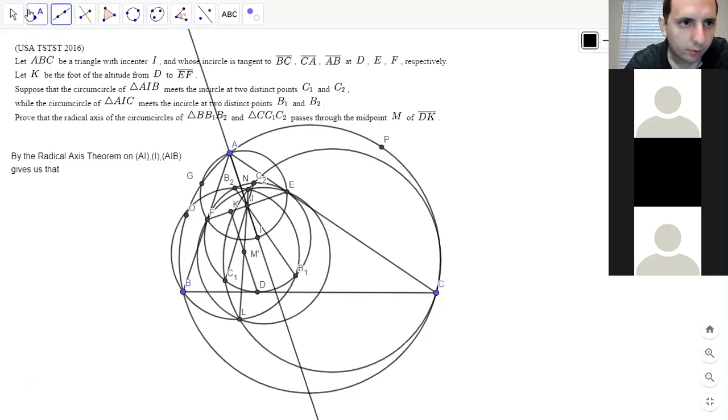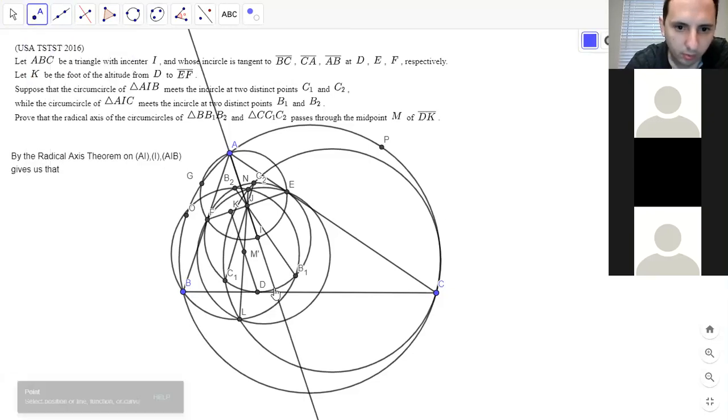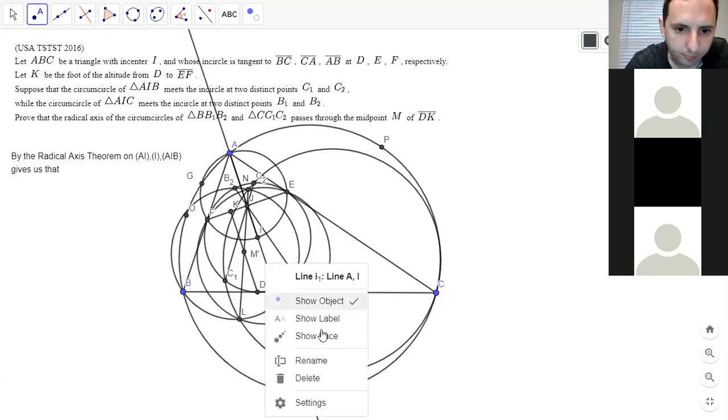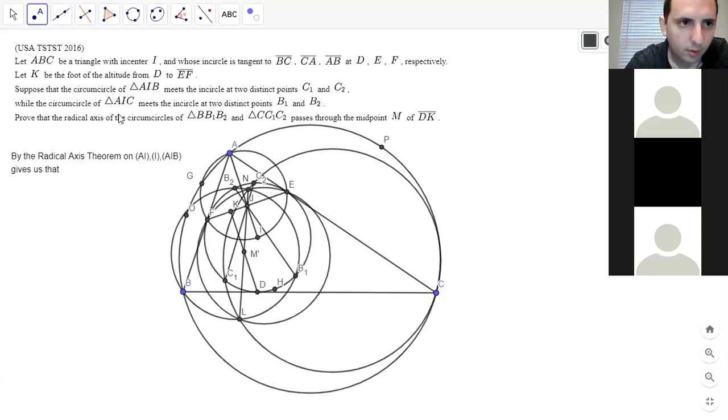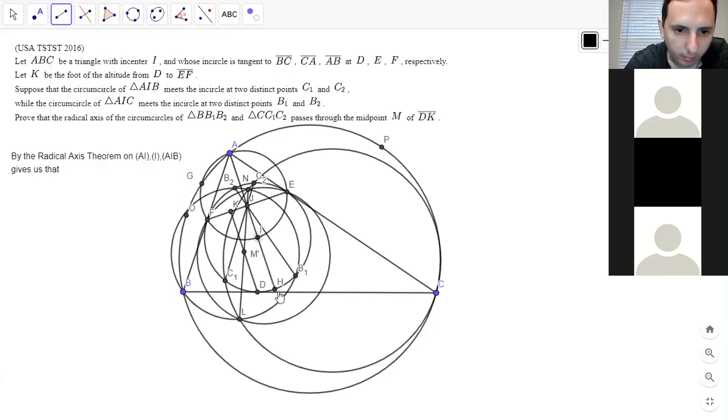Then I think we want to show, I don't know how much this helps. Okay, but basically I'm projecting K, M prime, D, infinity through J onto the incircle. So we want to show that N, D, H, E is harmonic.